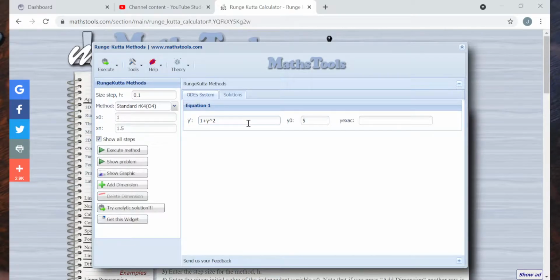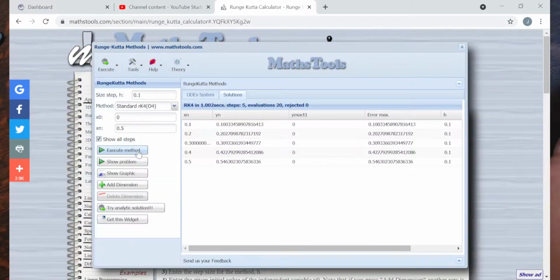H is 0.1, still using the RK4 method here. Initial x is 0. I want the final x coordinate, what I'm approximating the solution at, 0.5. And the initial y0 is 0. And let's execute the method.